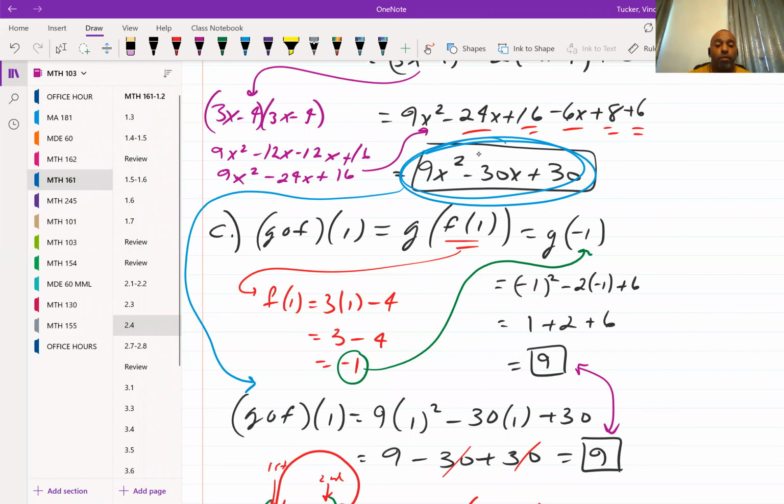So either way is fine. Doesn't matter which one. You do not have to do both of them, because either way you'll get the same answer.